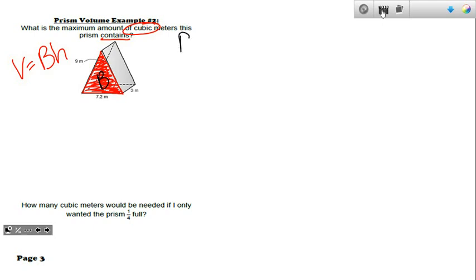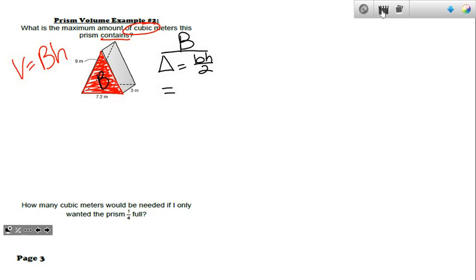So big B, come over to the side. This is where it's important to know what shape we're talking about. We are talking about a triangle. And once again, the number one thing that we mess up every time with a triangle is not dividing by 2. Write down your formula. Let's get through it.